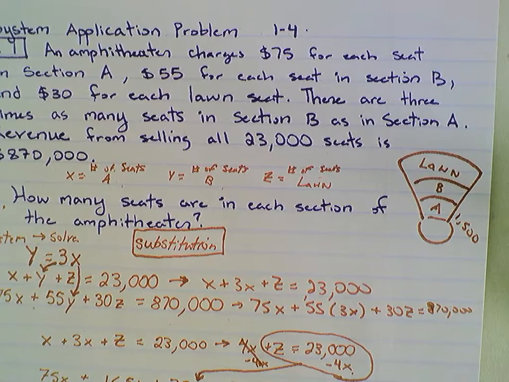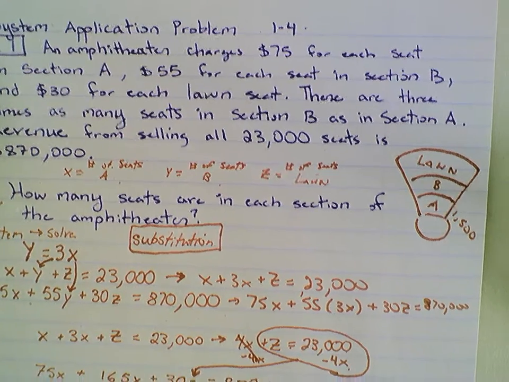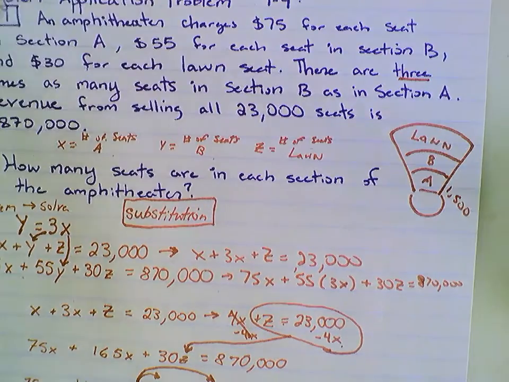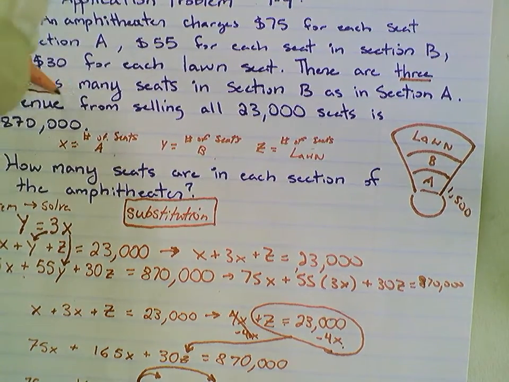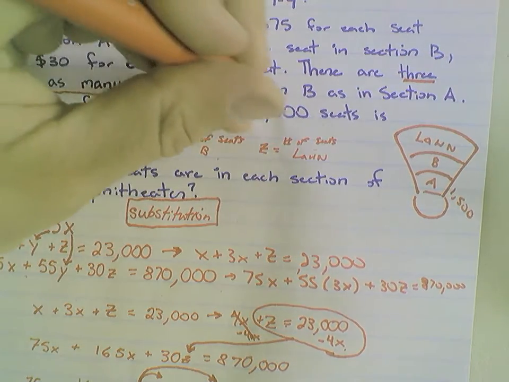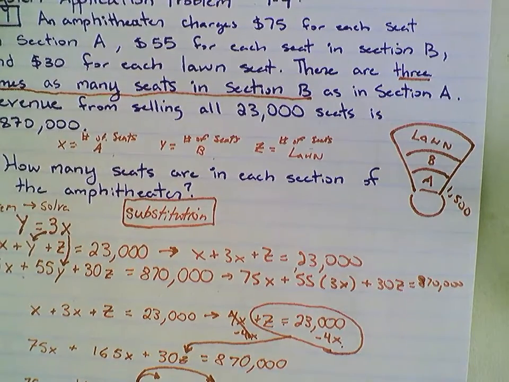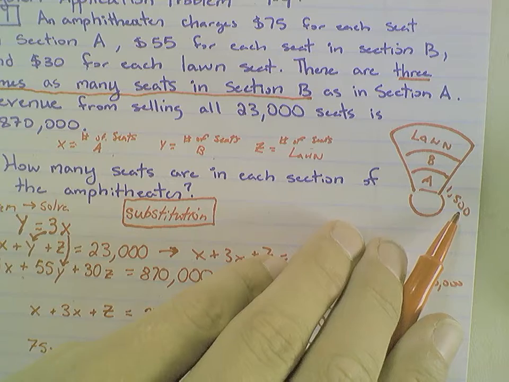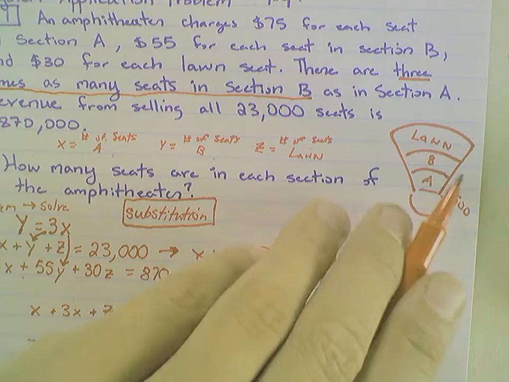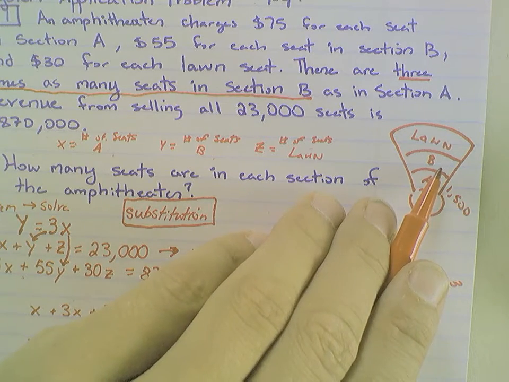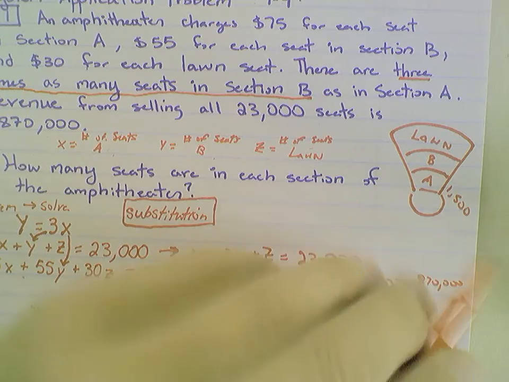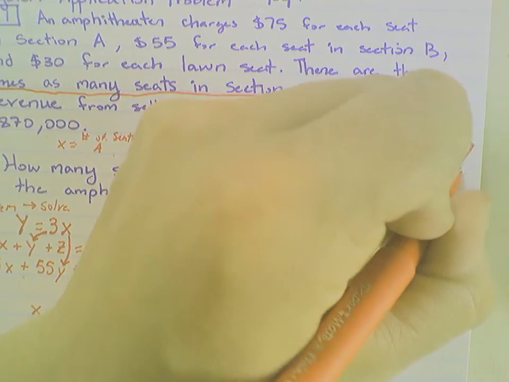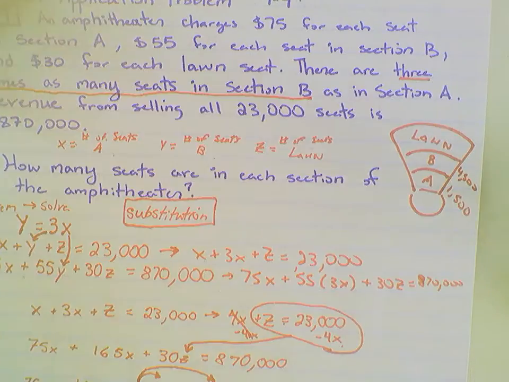We then know that there are 3 times as many seats in section B. Okay, so if I have 1,500 seats in section A, I know there's going to be 3 times that amount in section B, and 3 times 1,500 is 4,500 seats.